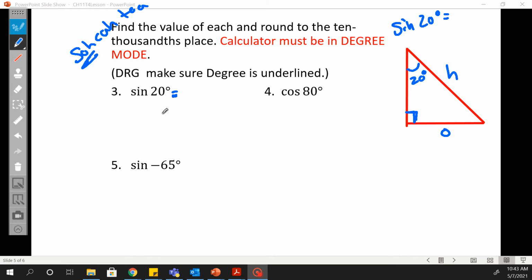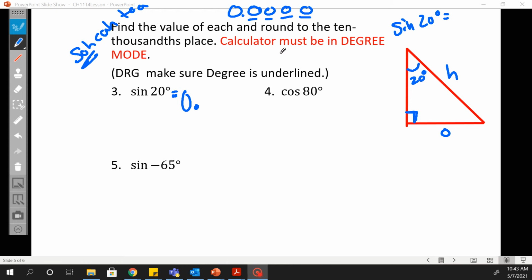So sine 20, and my calculator is in degrees, I just type it into my calculator. The 10,000th place is tenths, hundredths, thousandths, 10,000ths.